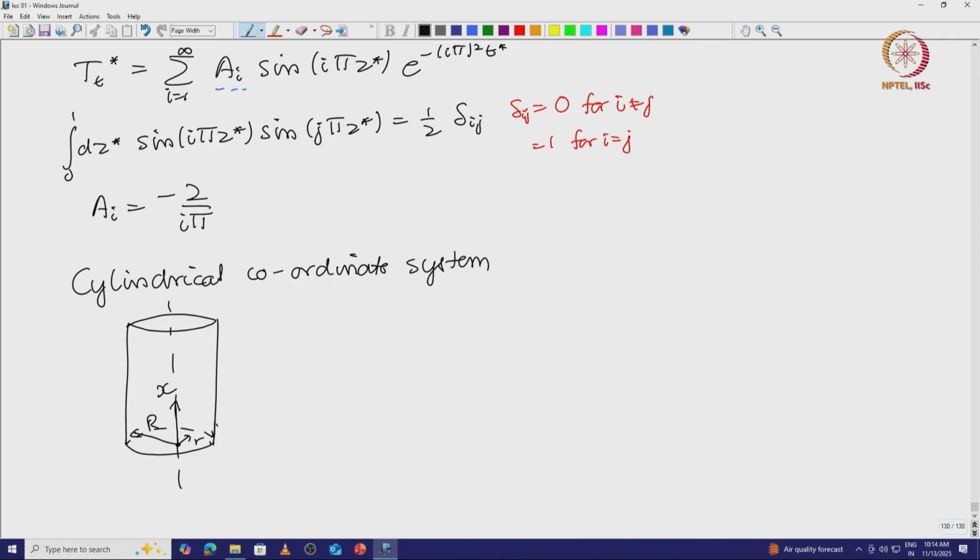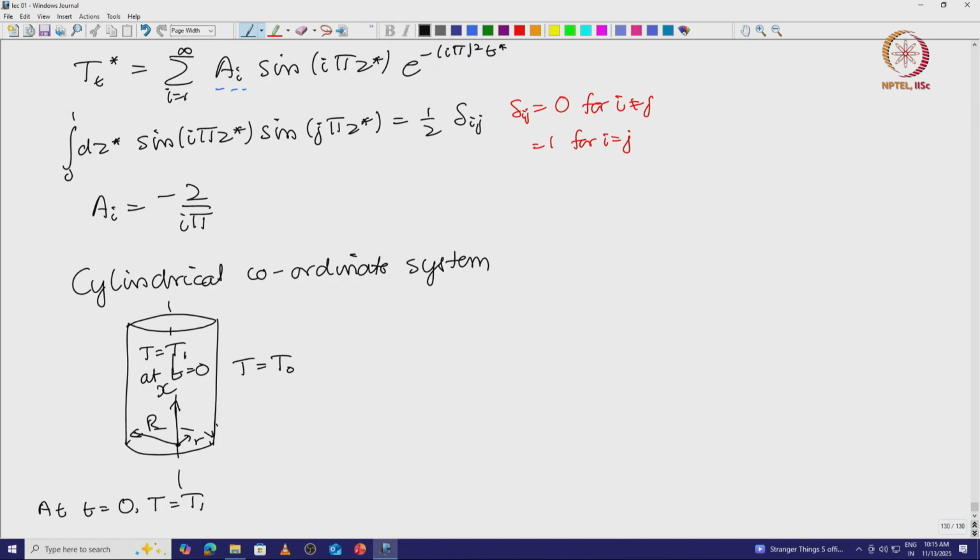This is initially at temperature T is equal to T1 at t is equal to 0. And it is instantaneously immersed into a bath for which the temperature is T naught.